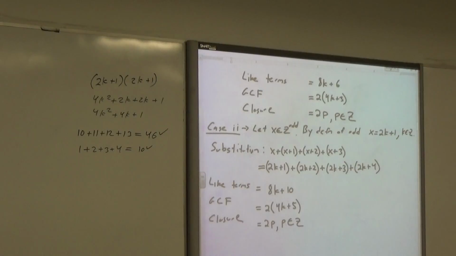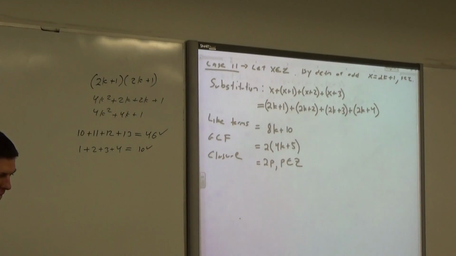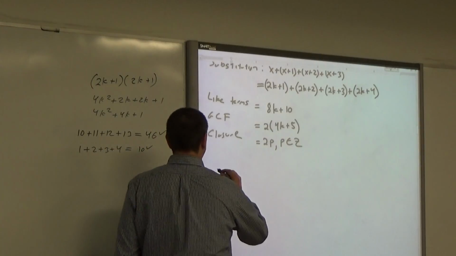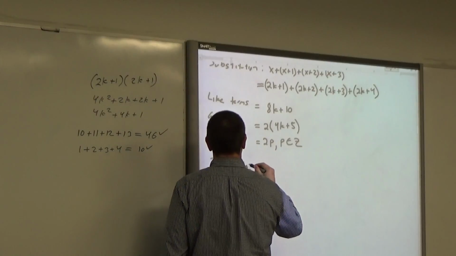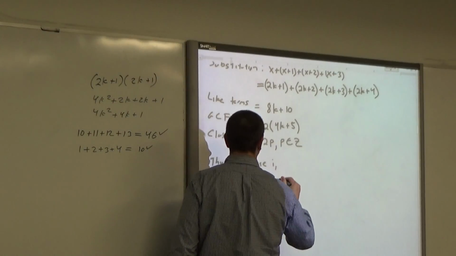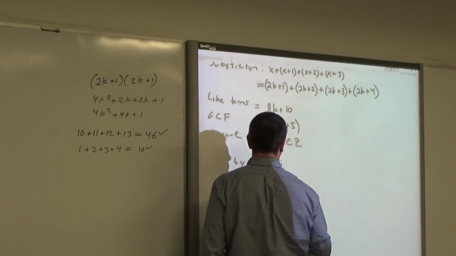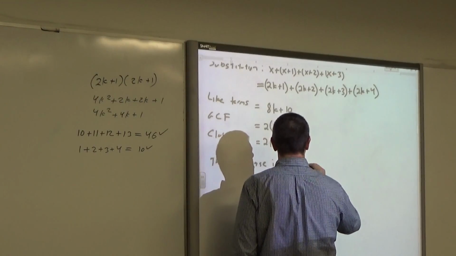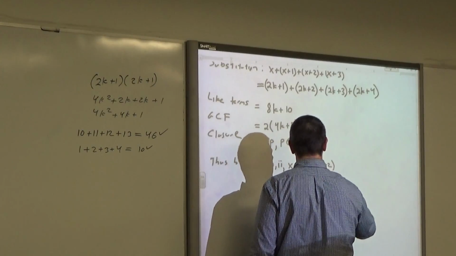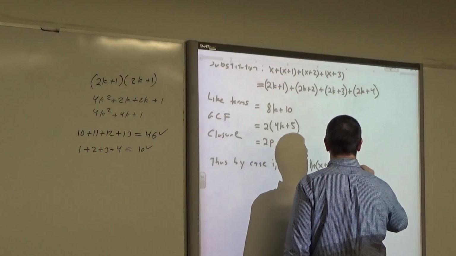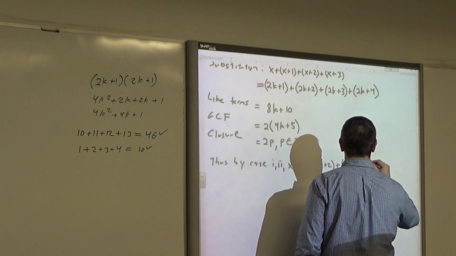So we can just say by case 1, case 2, we could say that x plus 1 plus x plus 2 plus x plus 3 is equal to 2p. So, let me write that out. Thus, by case 1 and case 2, x plus 1 plus x plus 2 plus x plus 3 is equal to 2p.